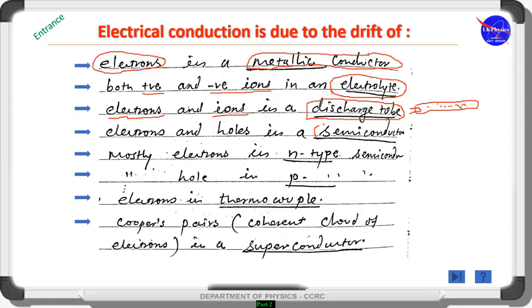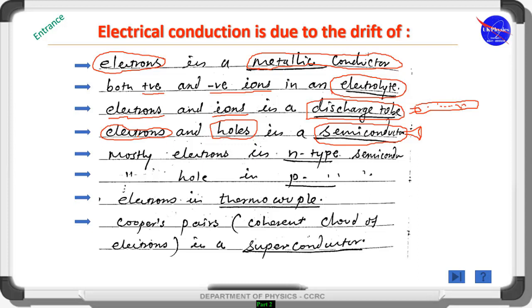Inside the semiconductor, which simply means a kind of metal with a different property, there is a negatively charged carrier, that is electrons, and positively charged carriers, that is holes. So inside the semiconductor the electrical conduction is due to the flow of electrons and holes.